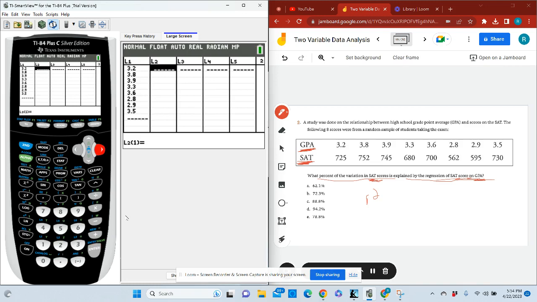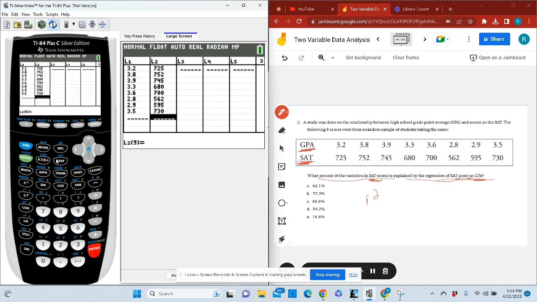And then my L2s, I have 725, 752, 745, 680, 700, 562, 595, and 730. Okay.